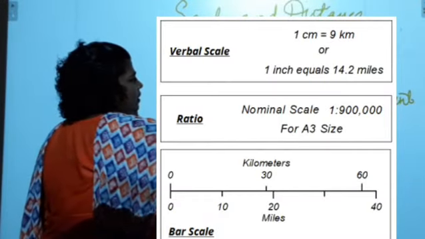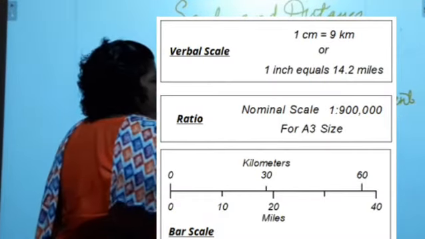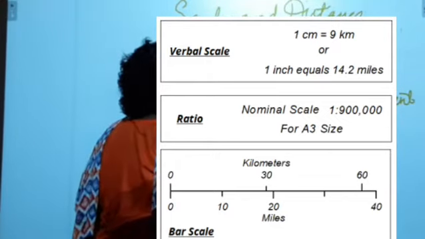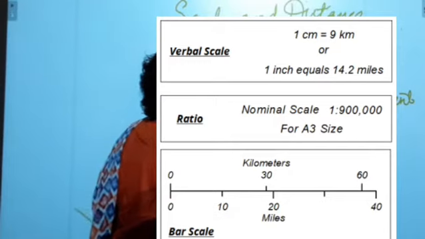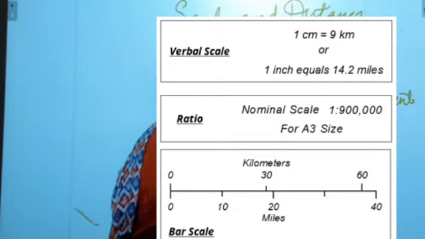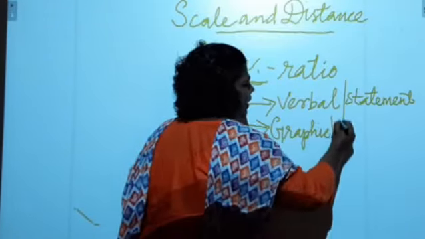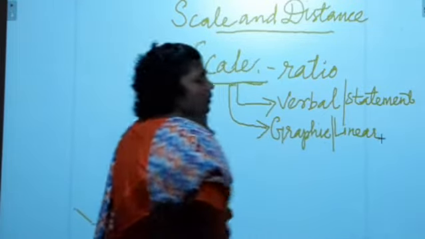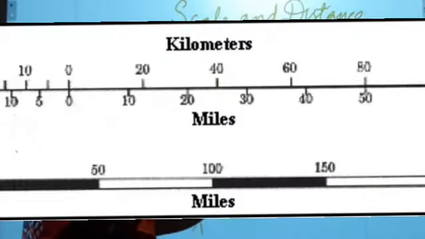And the next scale is linear scale or graphic scale. Okay, and the third scale is representative fraction.